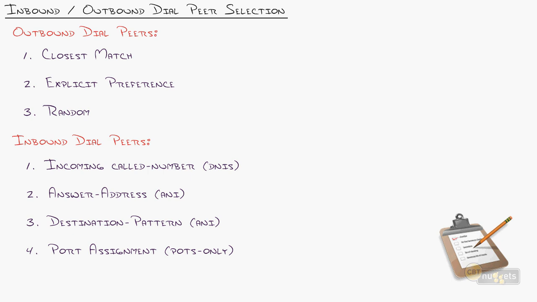Now that we've seen the wildcards, let's get into the inbound and outbound dial peer selection. So this is when a router receives a call and he's got multiple dial peers, which one should he use? So for example, maybe I've got a router right here. Got my phone just connected for simplicity on an FXS board.